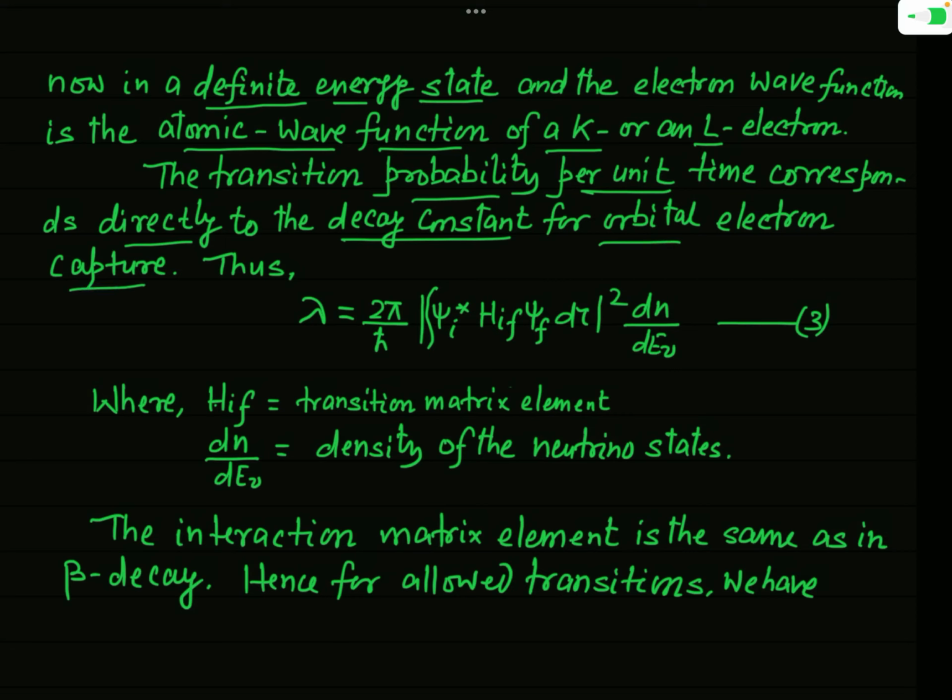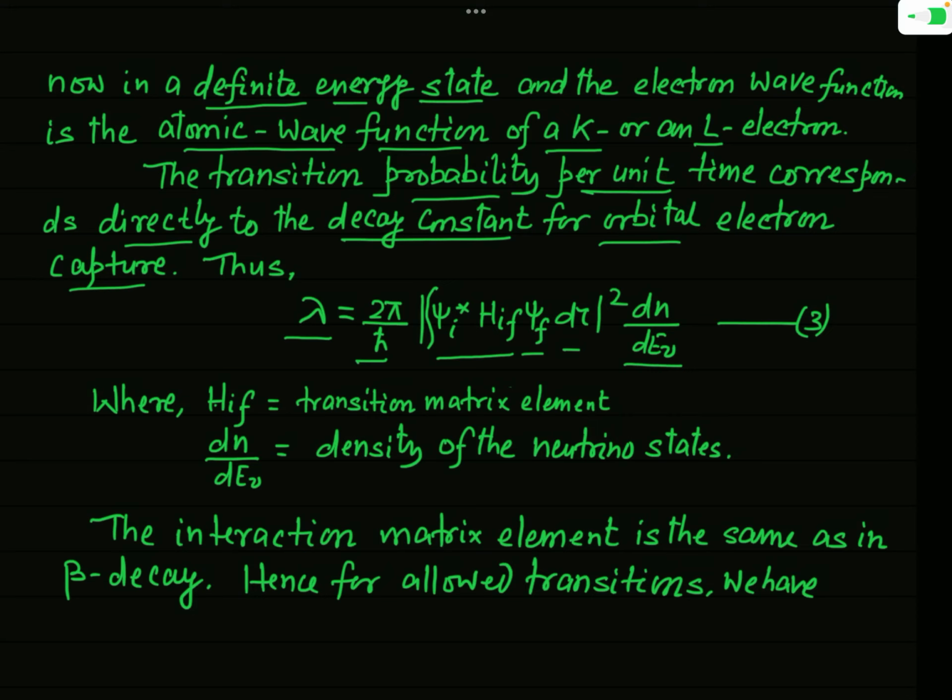You can remember that in beta decay the decay constant, which is the reciprocal of the mean life, is given by 2π/ħ times the square of the modulus of the integral ψ_i* H_if ψ_f dτ, times dN/dE_ν.